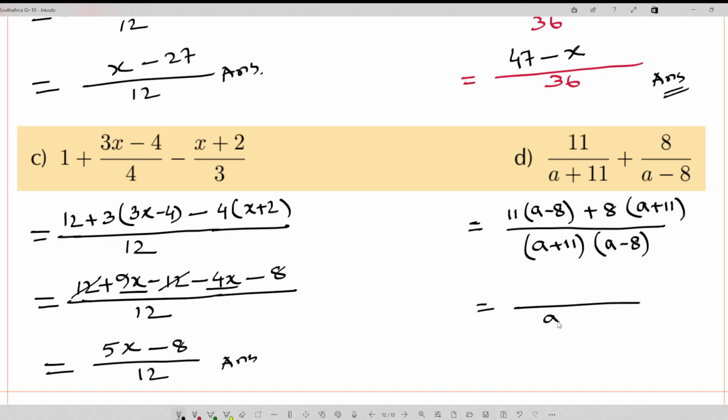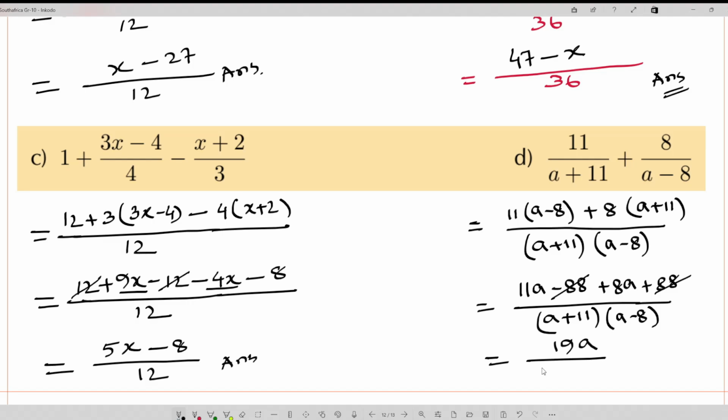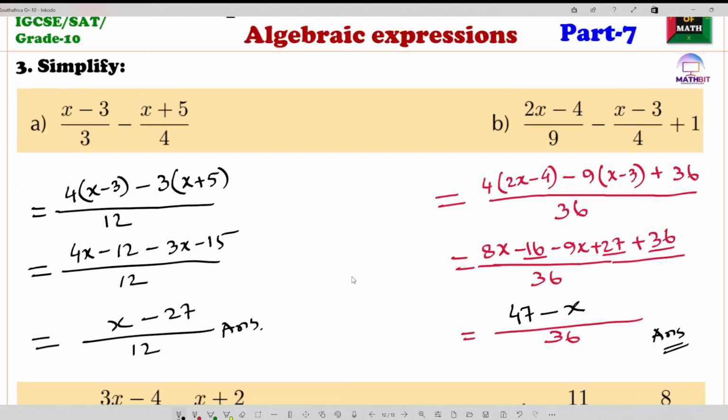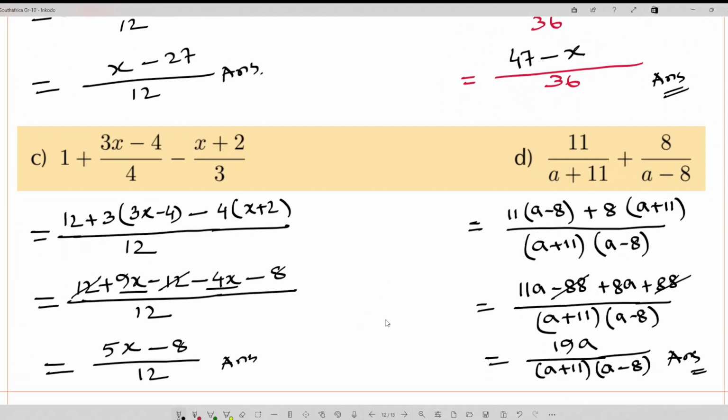So we can write 11a minus 88 plus 8a plus 88. So minus 88 plus 88 cancel out, and 11a plus 8a will be 19a. Then (a plus 11)(a minus 8), and this is our answer. Okay, done. So A to D we already completed.